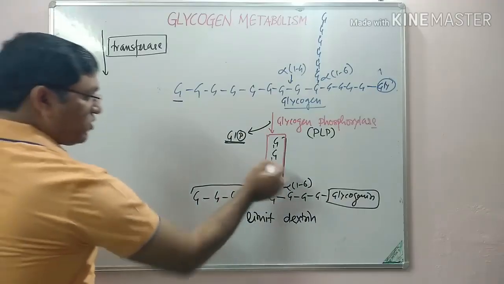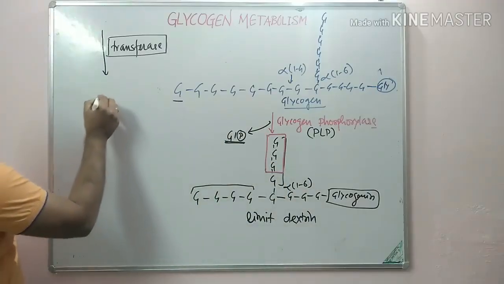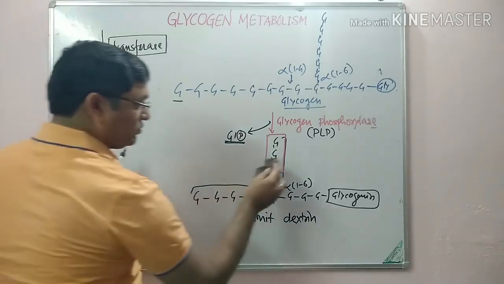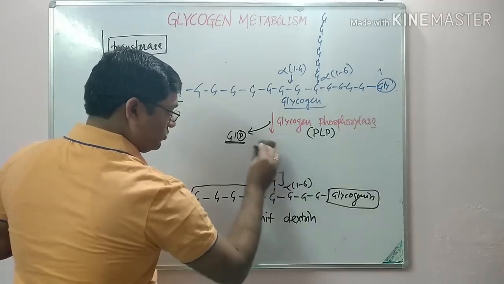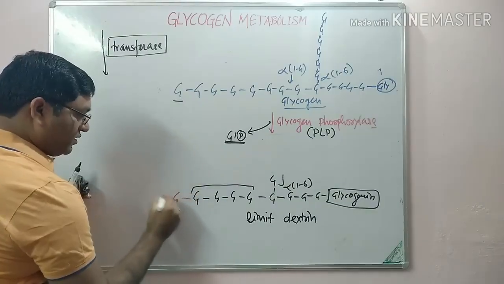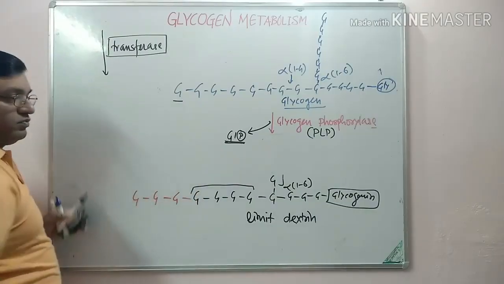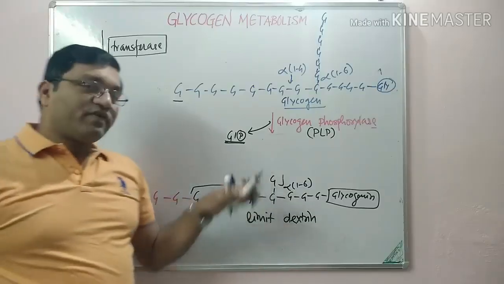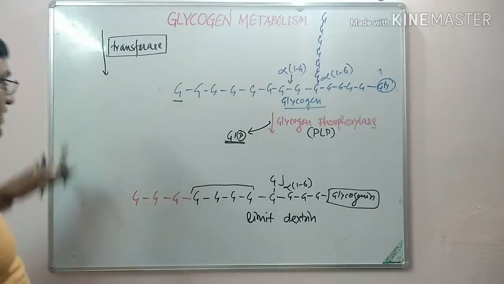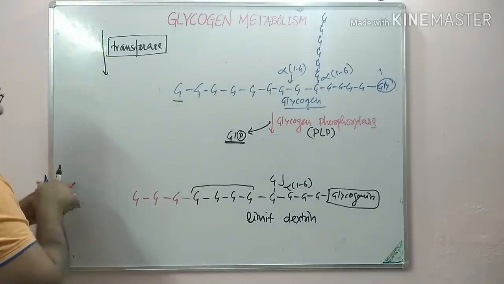So there is transfer of these three glucose residues from here to this linear chain. Now this point is free for the action of glucosidase, and glucosidase will act on this.